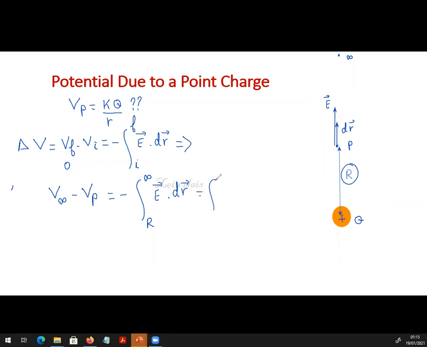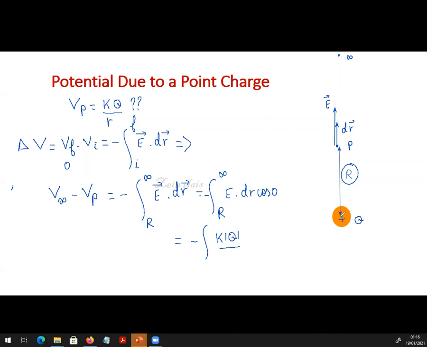So here we have minus the integral from r to infinity of E dr times cosine of the angle between them, which equals minus E. You know, the field created by a charge equals K times the absolute value of Q divided by the distance squared, the distance between the point and the charge.